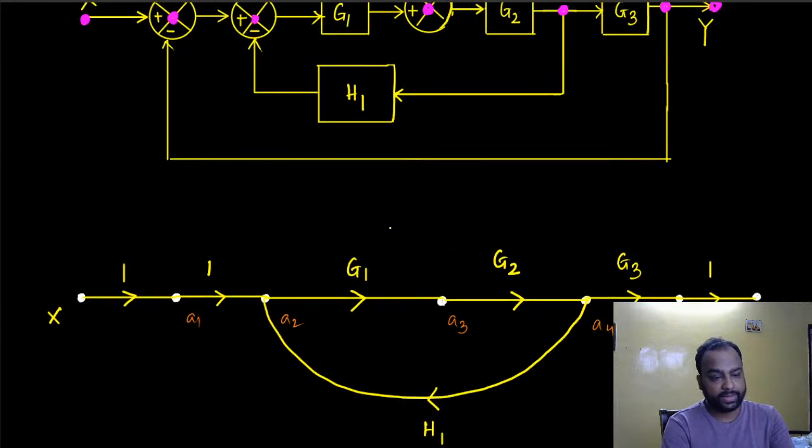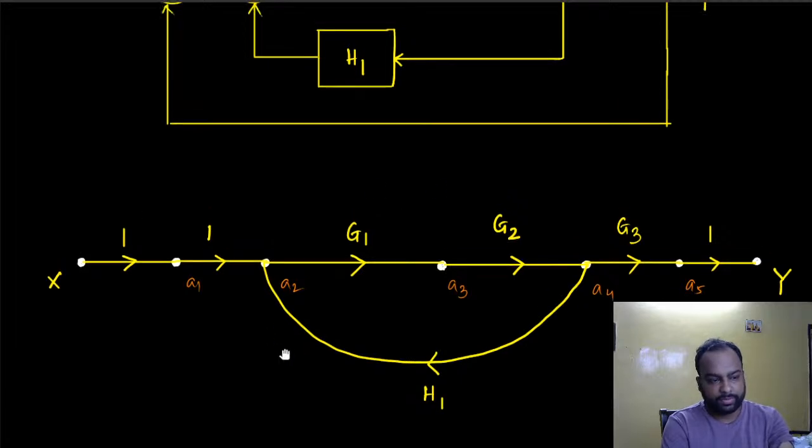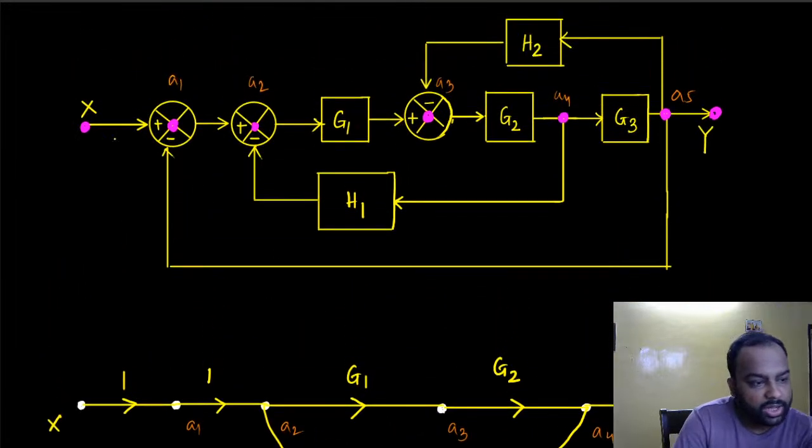Try to understand at this point. The connection is fine, but look very carefully. Whatever signal goes in from this gets subtracted with this one. So we are subtracting whatever signal is coming out of this from whatever signal is going into this one.